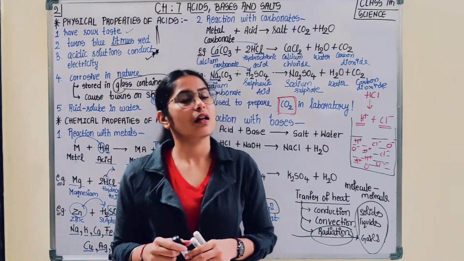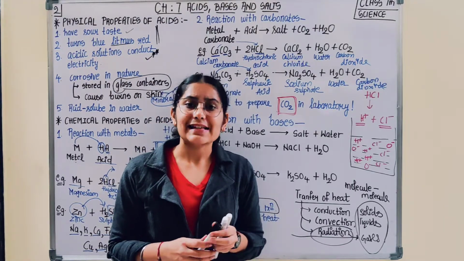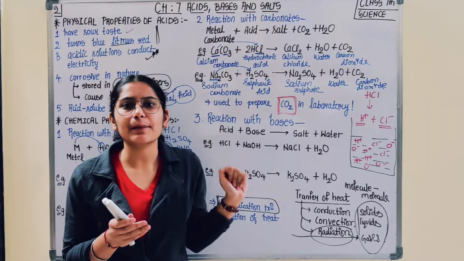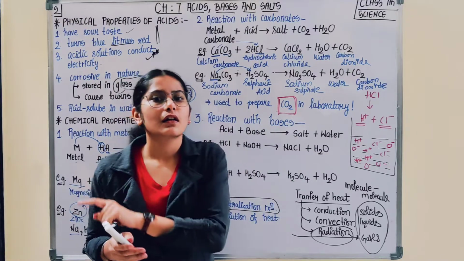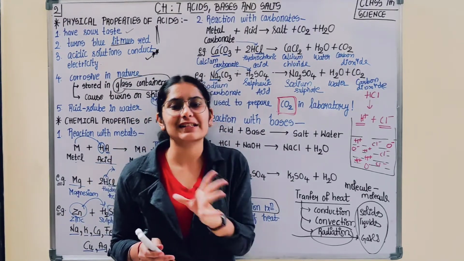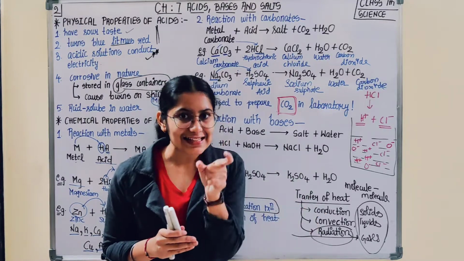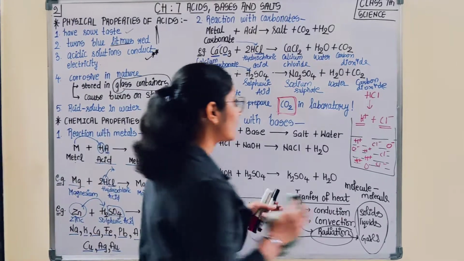We discussed in the first video lecture that acids cancel the chemical properties of bases, and in return bases also nullify the strength and properties of acid, ultimately leading to the formation of salt and water. So when acid reacts with base, it forms salt along with water.